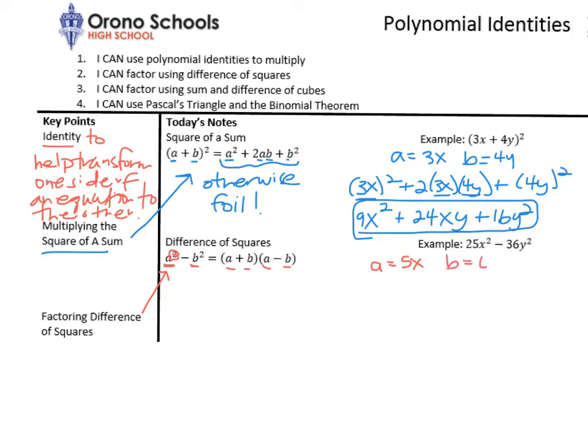B would be 6y, because that's also being squared in that equation. Using the identity on the right, if we want to break that down, A plus B would be 5x plus 6y, A minus B, 5x minus 6y. And we've done that kind of before with smaller expressions like x squared minus 9 maybe. This is a way to do this with higher ordered functions.